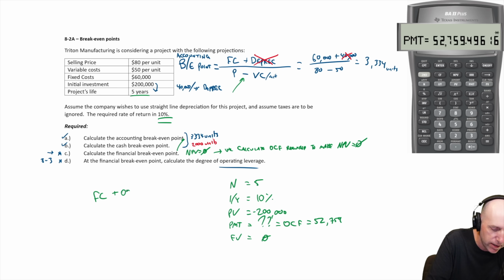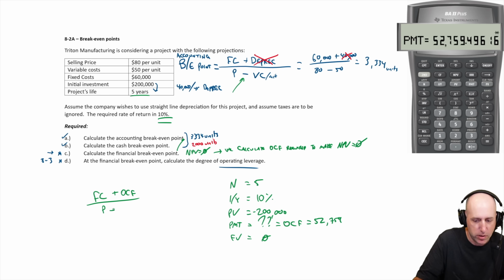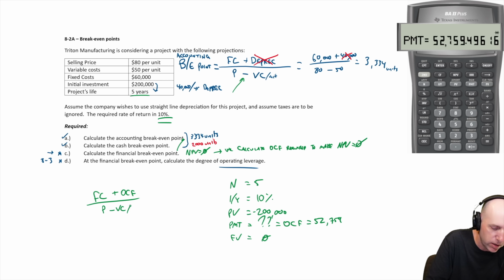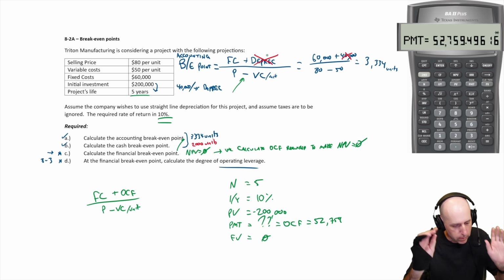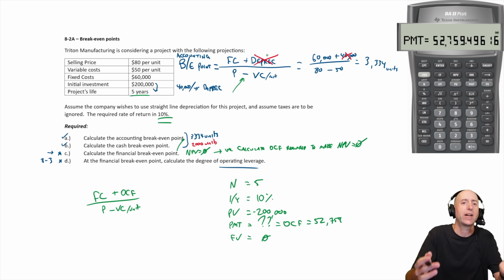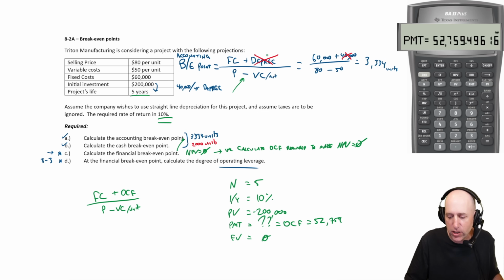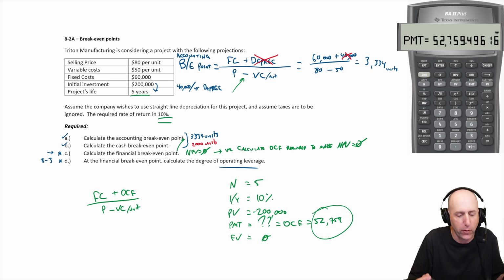So I'm going to add the OCF, and I just divide by the same denominator. I'm still selling the same product. It's got the same price and the same variable cost per unit. So it's just subbing in OCF for depreciation, but it makes logical sense, right? You've got to cover your fixed costs and you've got to generate this much operating cash flow on top if you want to have net present value of 0, as we just calculated.